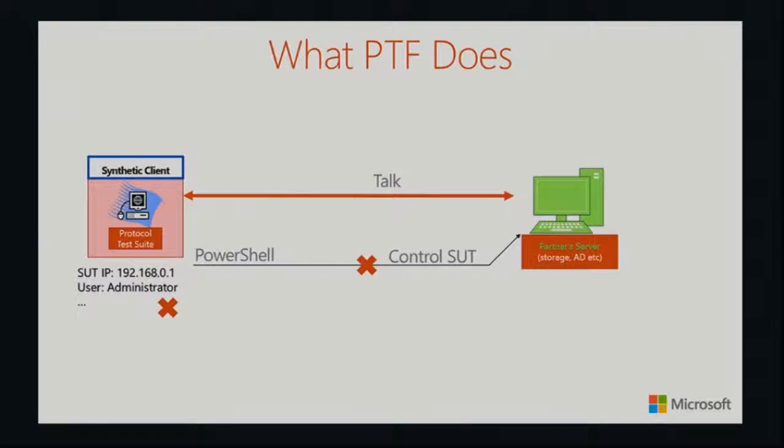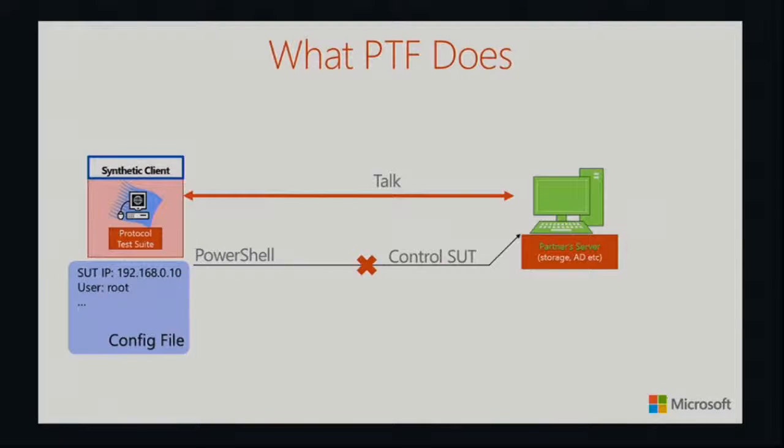When we test our synthetic client with a partner server, the PowerShell script doesn't work, and the username of the Windows administrator will not work for the partner server. So we need to find another way to make the client talk to the server. So we introduce the configure file.